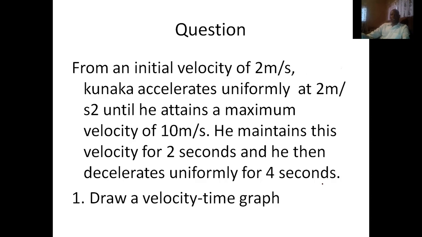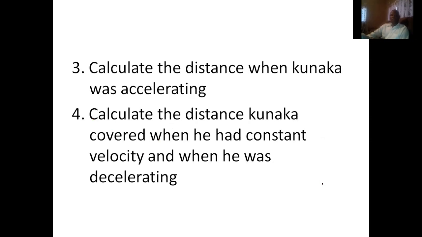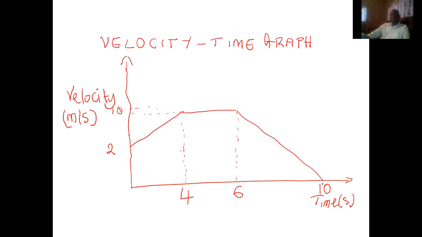So we go to the second question. Calculate the distance when Konaka was accelerating. From the graph, the point when there was acceleration is this point here, when he moved from 2 meters per second to 10 meters per second, because acceleration is the increase in velocity, from a lower velocity to a higher velocity. And it took 4 seconds.